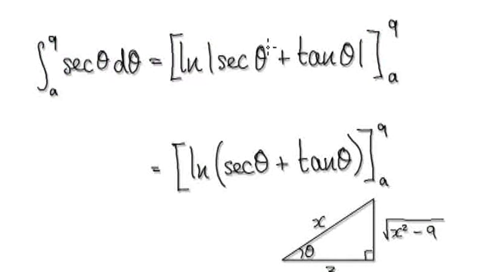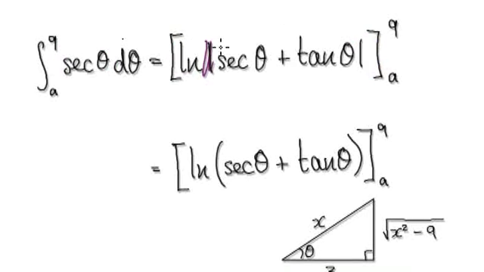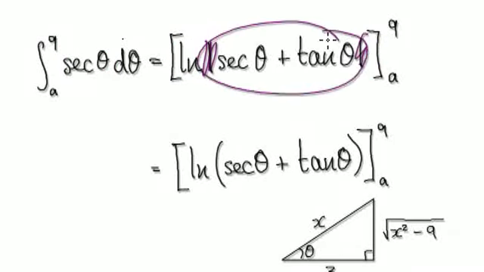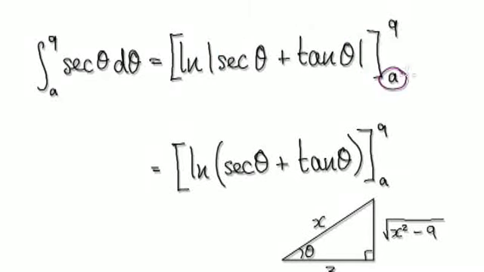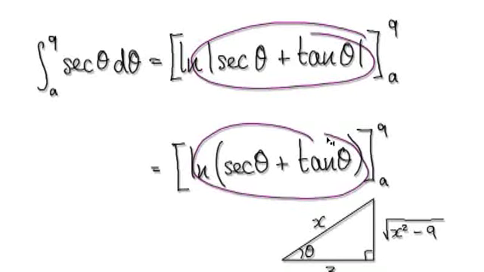To integrate this, it will give you the absolute value of this whole thing. Now bear in mind that a will always be in the positive realm, and the number 9 is always in the positive realm, so we can pretty much forget about the absolute sign. This whole thing here will then become this.